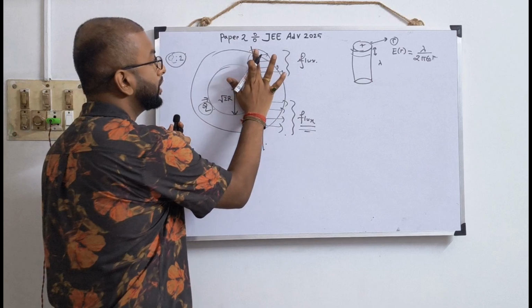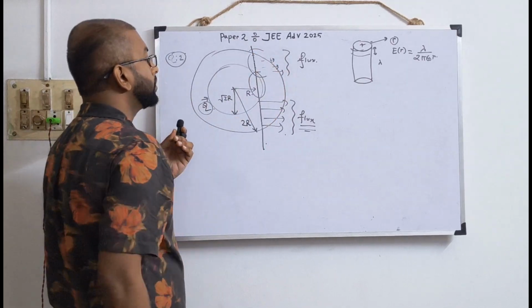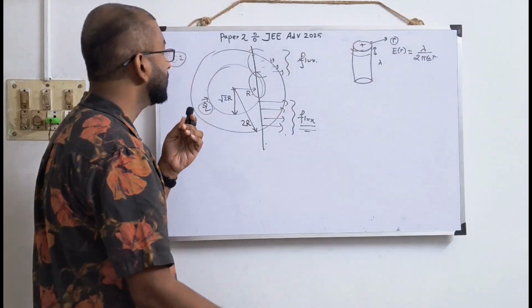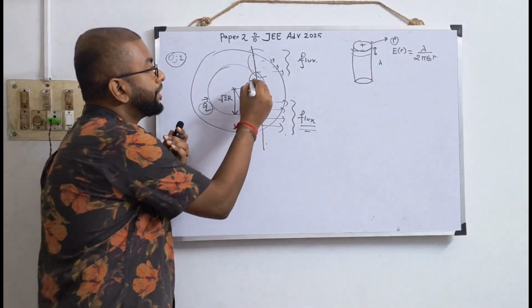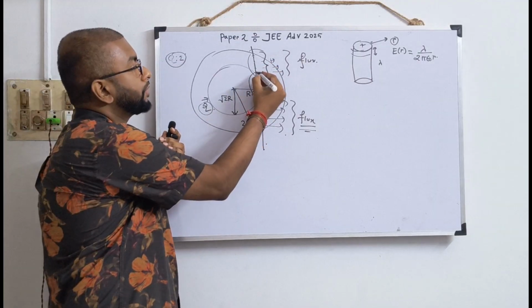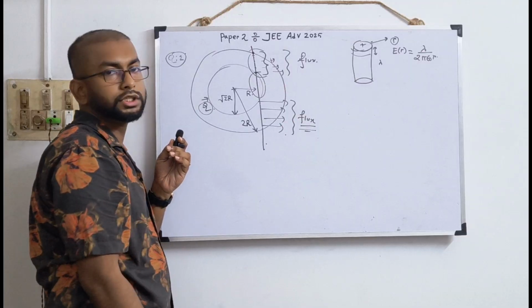So let us consider the top one. These are similar, so we'll just multiply by 2 to find out the total flux ultimately. So this is my region of interest, starting from the inner cylinder, ending at the outer cylinder surface.